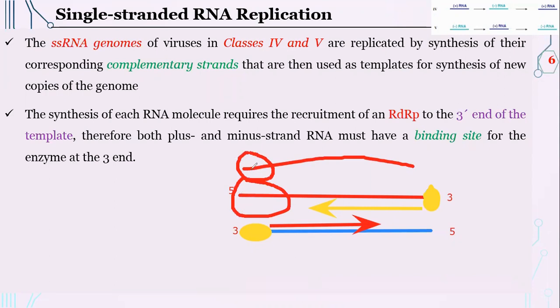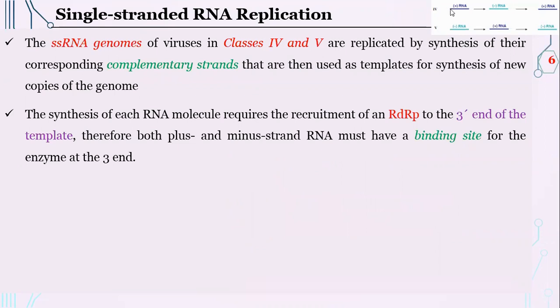So this binding site will be complementary to this 5 prime end. This will be the 3 prime end of the other strand actually, and this is complementary to this. This is not the binding site, but this is actually the complementary sequence of that binding site. So the 5 prime end of one sequence will be complementary to the 3 prime end of the other actually. You got my point or not?